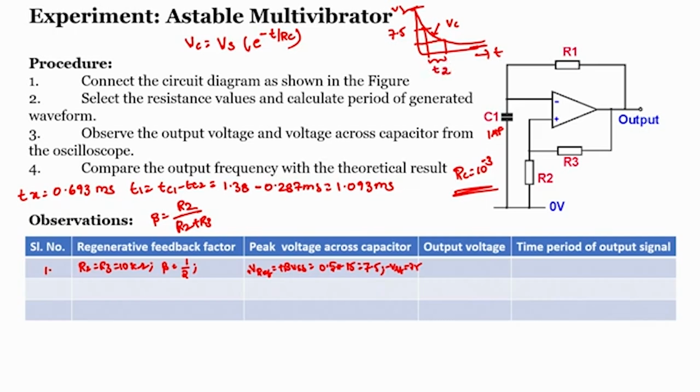How do we calculate it? First I have to calculate the time duration required for the capacitor to discharge from plus 15 volts to this reference value, which I am calling plus V reference, and this one minus V reference, right.